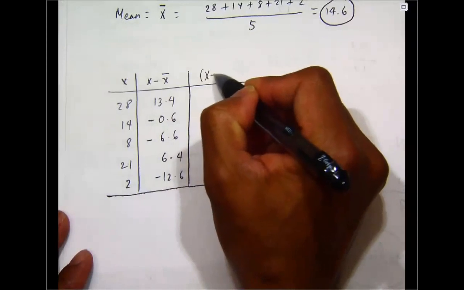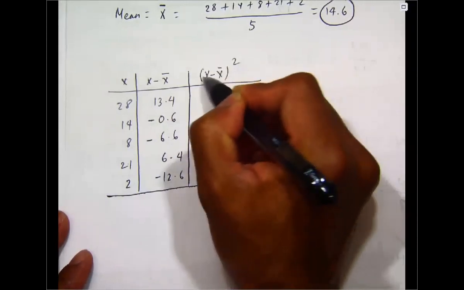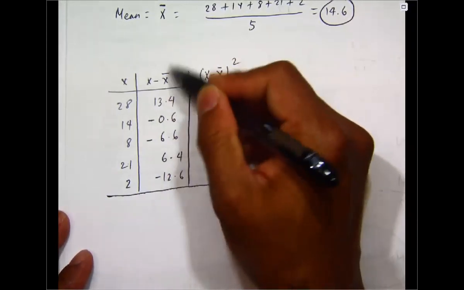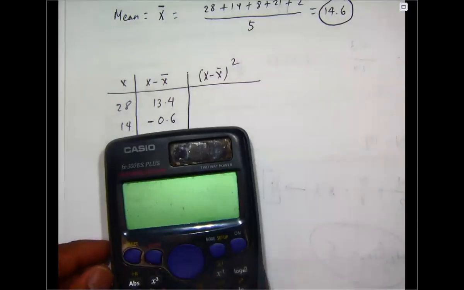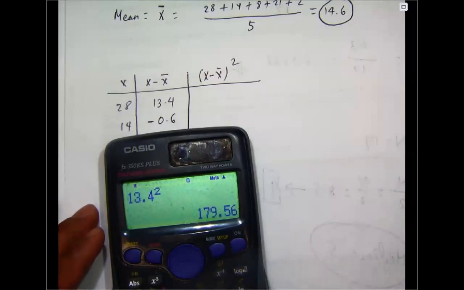Notation wise, you are squaring the value you have in this column. So what is 13.4 squared? Find out 13.4 squared. You can just take 13.4 and then square it.